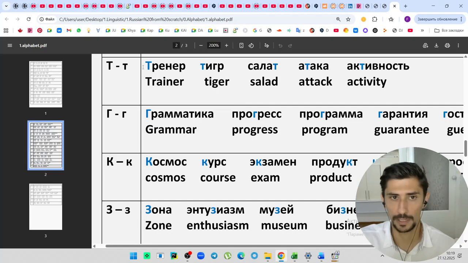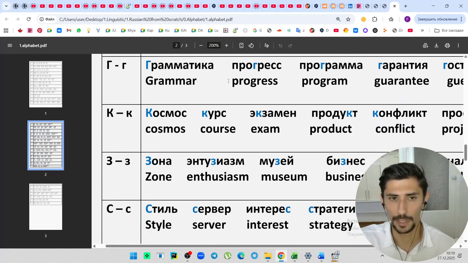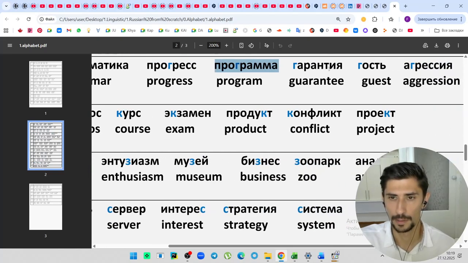Okay, next letter is T. Тренер. Тигр. Салат. Атака. Активность. Next letter is G. Грамматика. Прогресс. Программа. Гарантия.